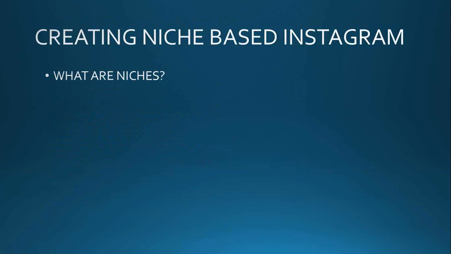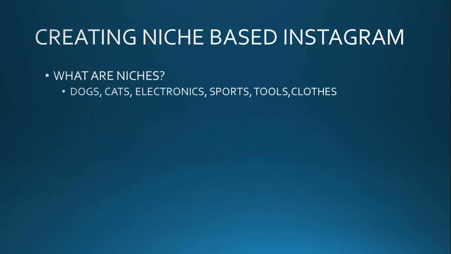Everybody on the webinar right now pretty much knows what niches are, but anybody else watching these webinars, not everybody knows what niches are. So a niche is going to be dogs, cats, electronics, sports, tools, clothes, biz ops, or whatever category you're interested in putting out there or selling a product for. Why would you choose one niche as opposed to opening up an Instagram account and showing pretty much everything on it?